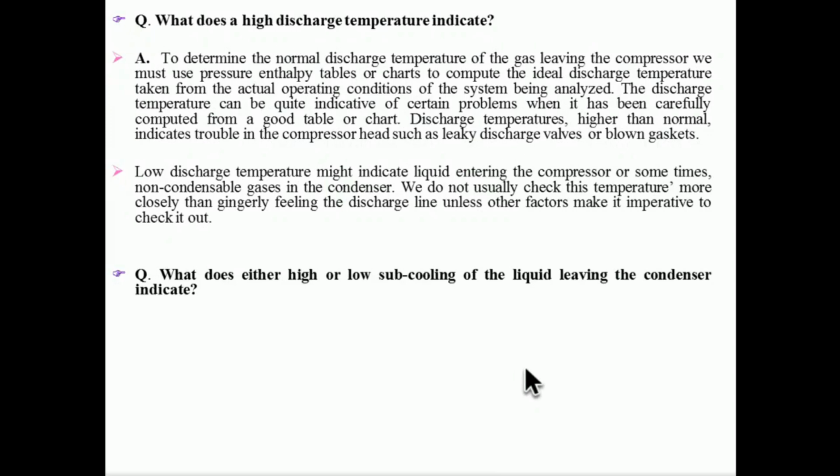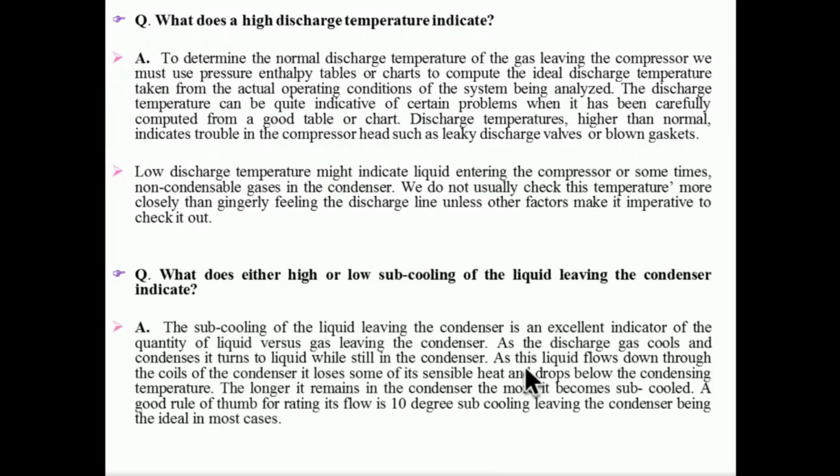Then, what causes low or high subcooling in the liquid when it comes out? We all know that subcooling is when the liquid goes beyond the saturated temperature. The temperature difference between the saturated liquid and the outgoing liquid is called subcooling. Every designer will have a subcooling of around 5 to 10 degrees Fahrenheit.